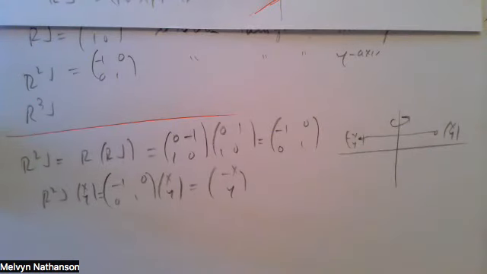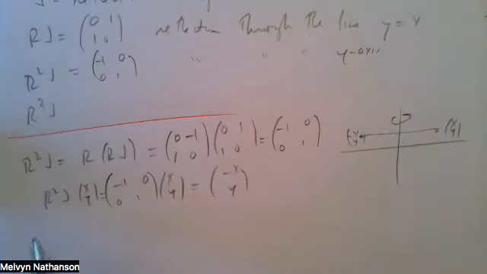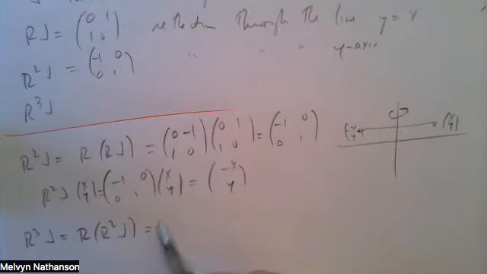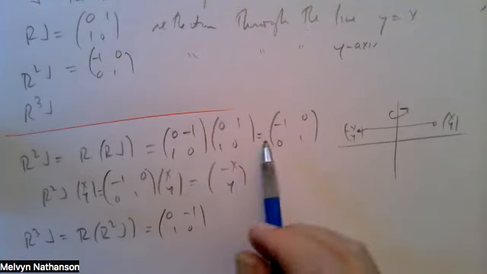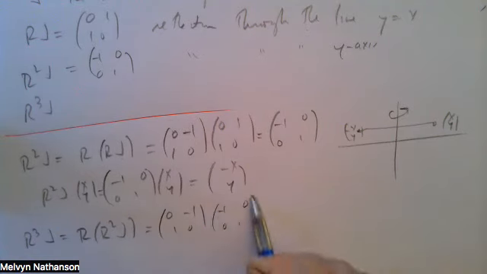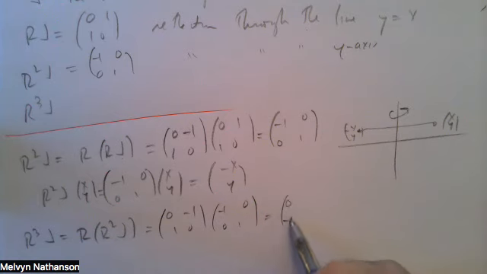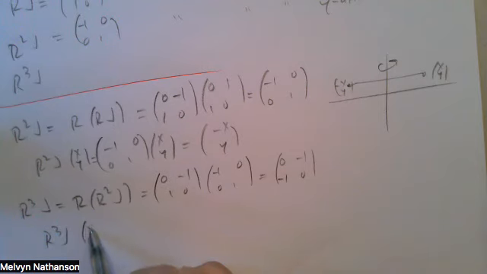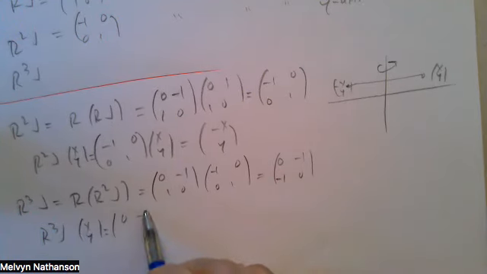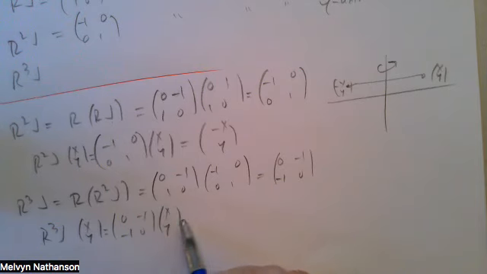And what about the third matrix I want to compute? R cubed j is R times R squared j. Again, R is 0, minus 1, 1, 0. And R squared j, I just calculated, is minus 1, 0, 0, 1. So that's the matrix 0, minus 1, minus 1, 0. So R cubed j of a vector xy is 0, minus 1, minus 1, 0 times xy.